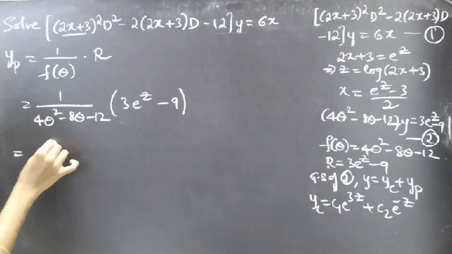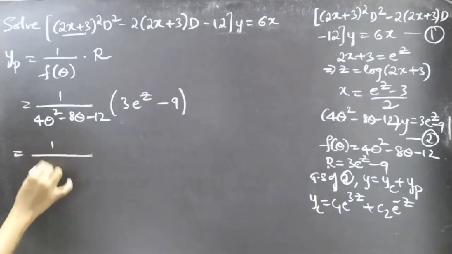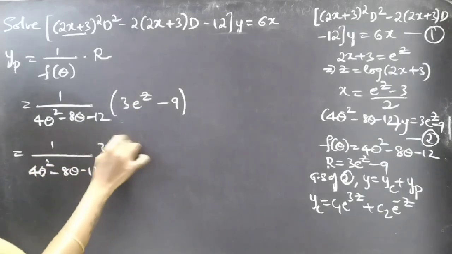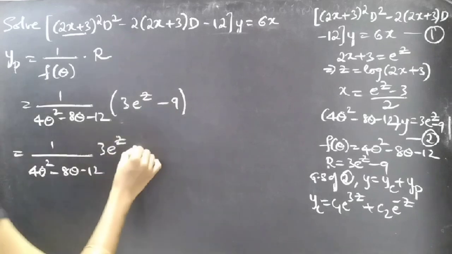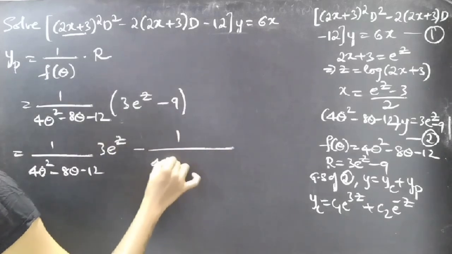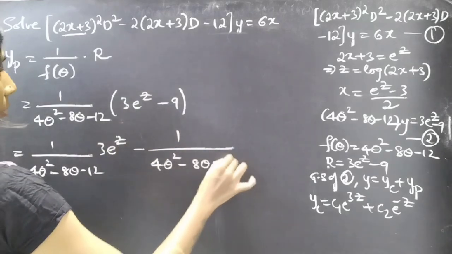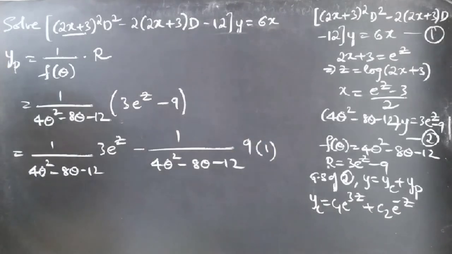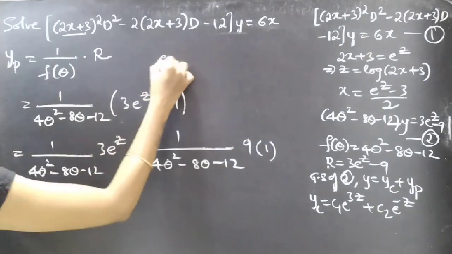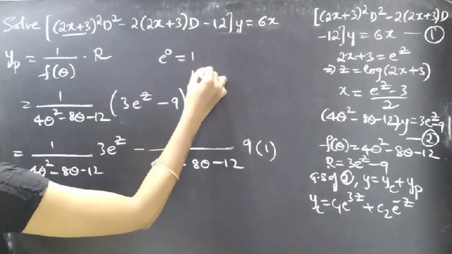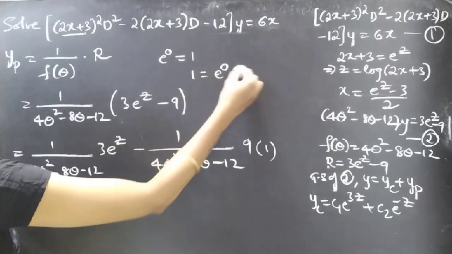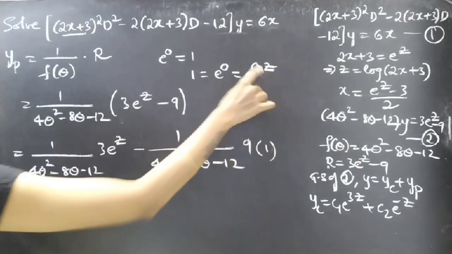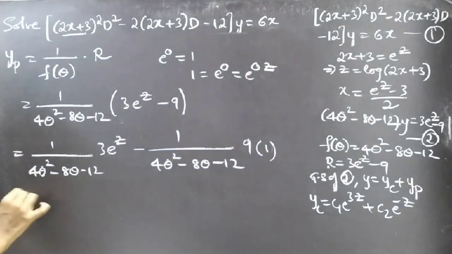We can write this as 1 by 4 theta square minus 8 theta minus 12 into 3 e power z minus 1 by 4 theta square minus 8 theta minus 12 into 9. We can write 9 as 9 into 1 for our convenience, since we know that e power 0 equal to 1, right? We can write 1 as e power 0z. We'll just replace this 1 by e power 0z in the next step.